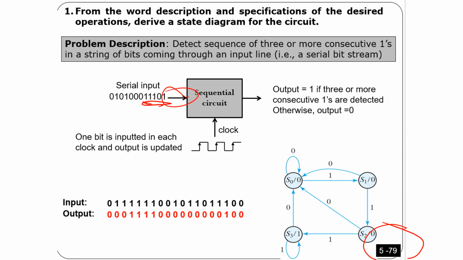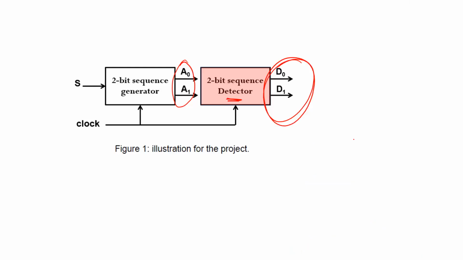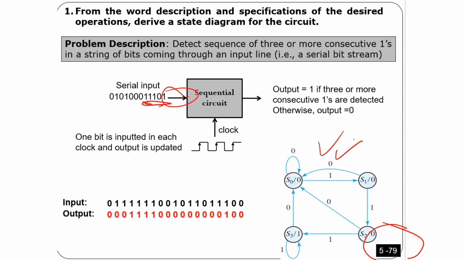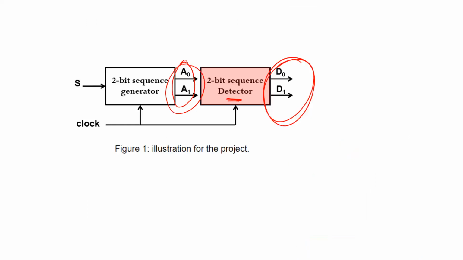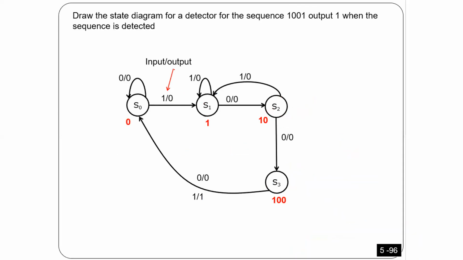The idea is very close. If you can understand this one very well, you can do our detector. But keep in mind there is one main difference. This is a sequence detector, but it has only one input. Here we have two inputs. That's it, just a small difference.